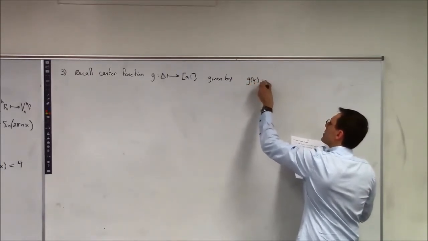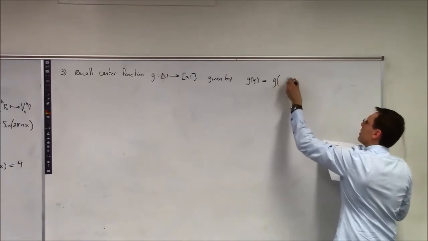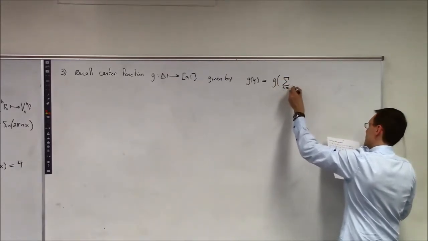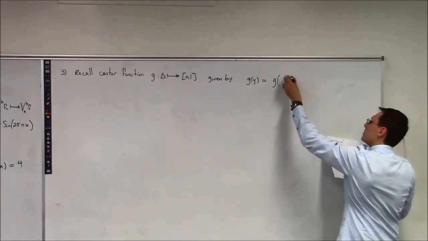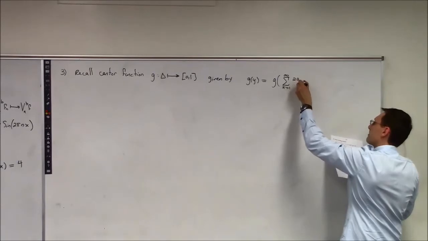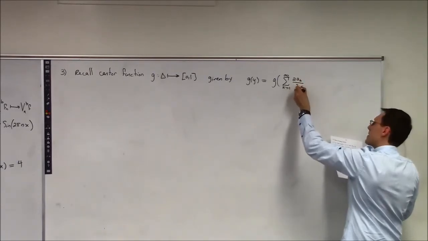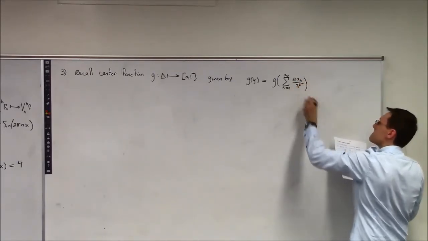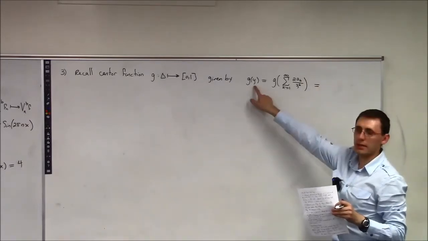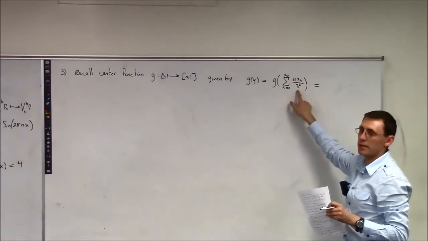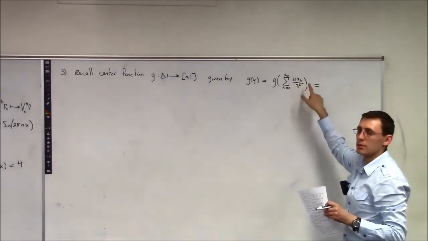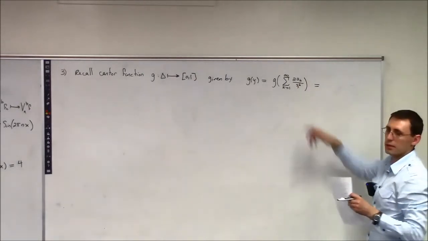g of y, which is g of the sum for k equal 1 to infinity of 2ak over 3^k. And what the Cantor function is doing, in other words, it picks an element of the Cantor set. It figures out how to write this element as a sequence of zeros and twos, mod 3, right?